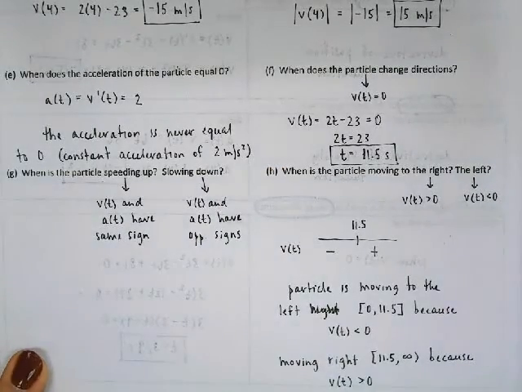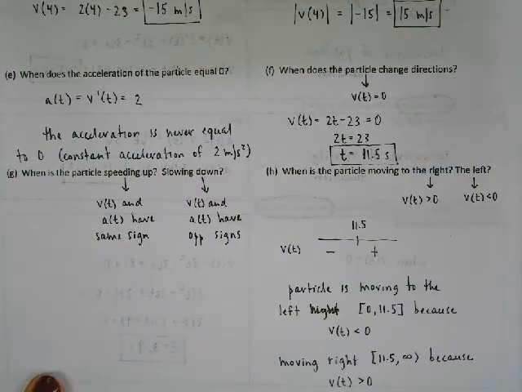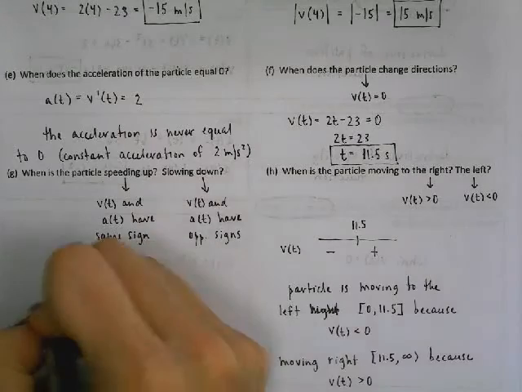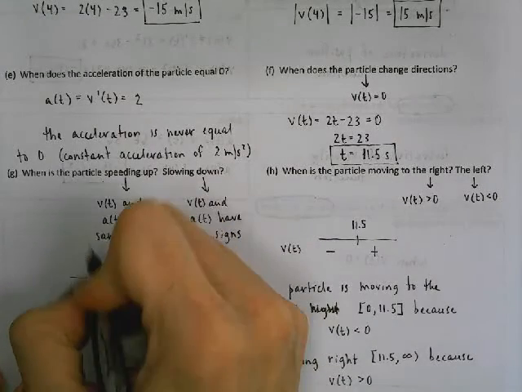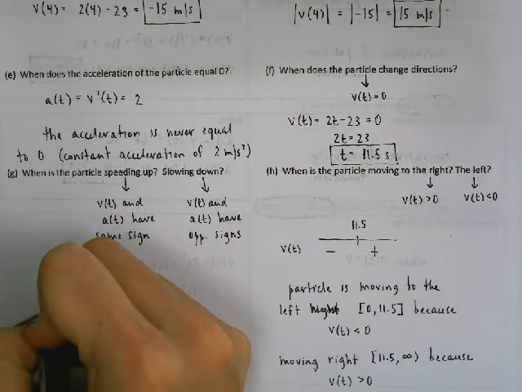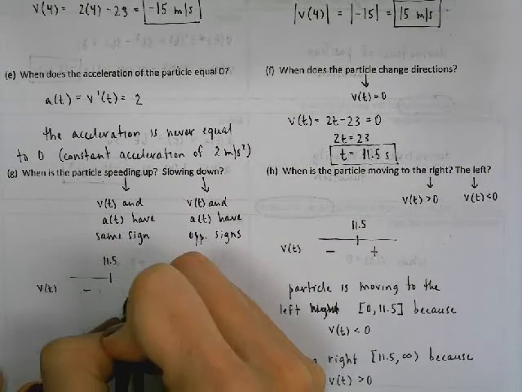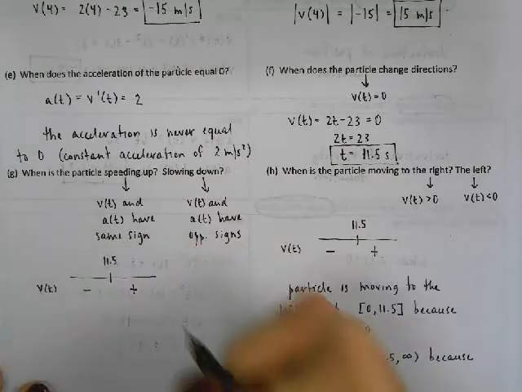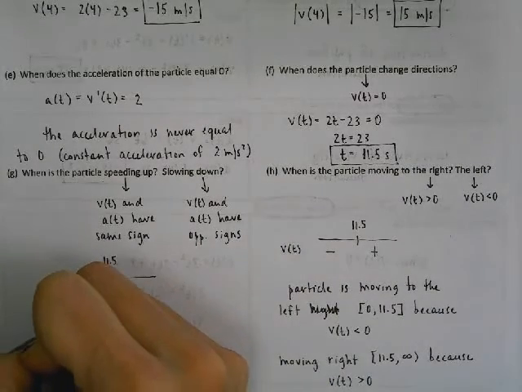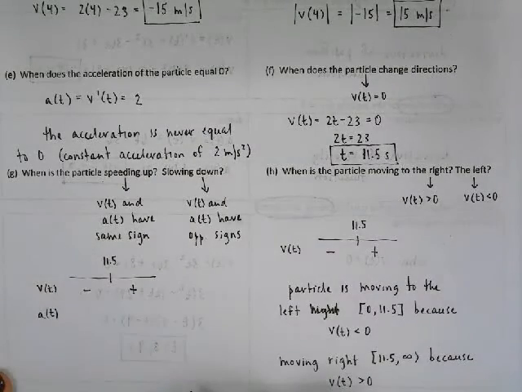So I'm going to use my number line again to help me organize my information. So I'm just going to copy what I had over here. And so same thing, I knew 11.5 was an important point for figuring out the signs of velocity. So it was negative to the left and positive to the right. And now I'm going to add another row for my acceleration.